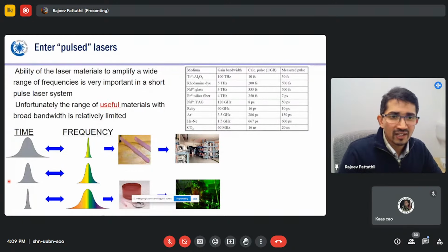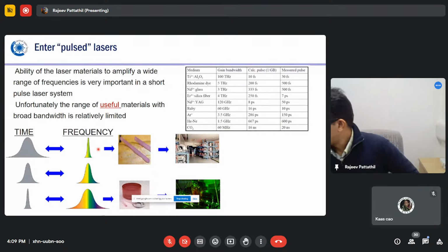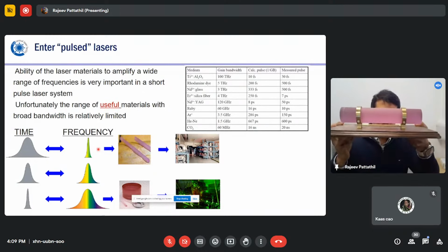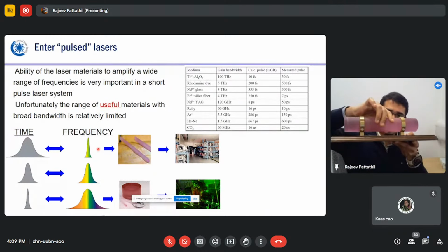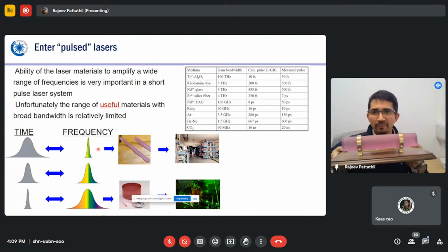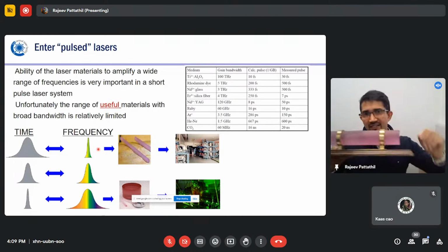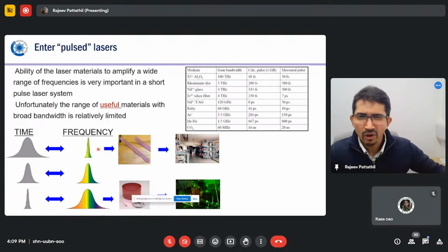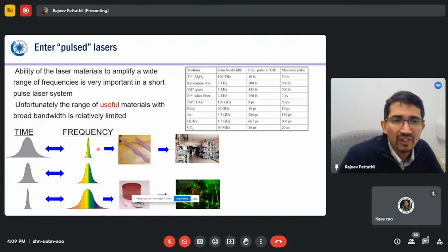For a long pulse, it's very easy to get material that will support such pulses. One such material is this rod. It's a glass rod doped with neodymium, and that's what gives it that pink color. This can support some bandwidth, but not enough to get very short pulses.